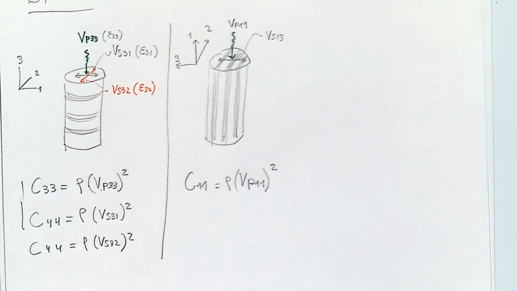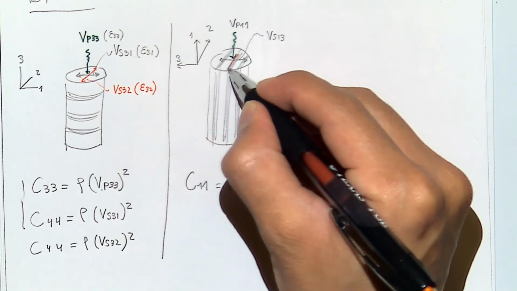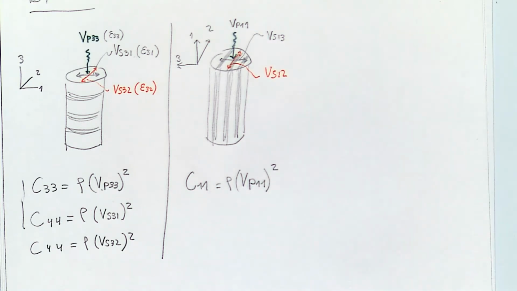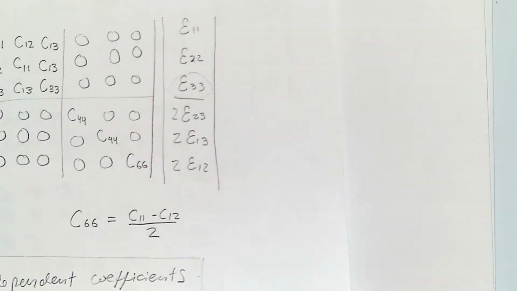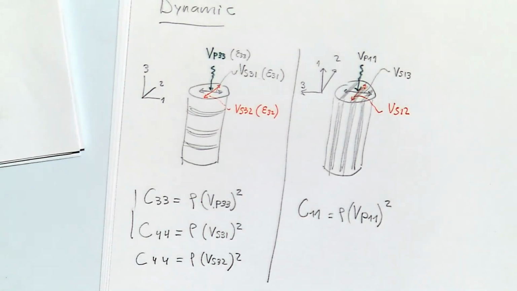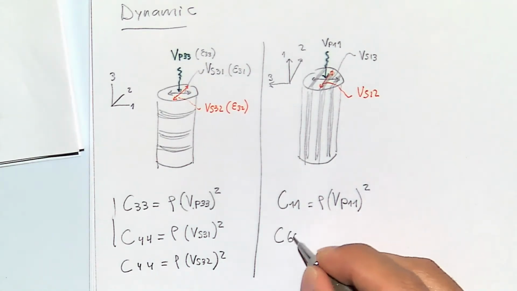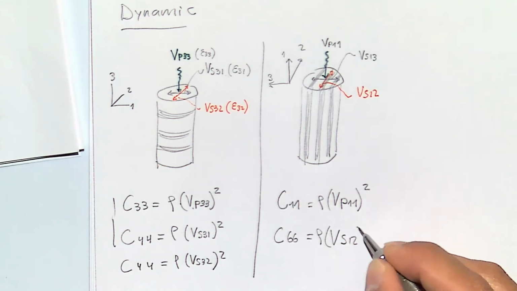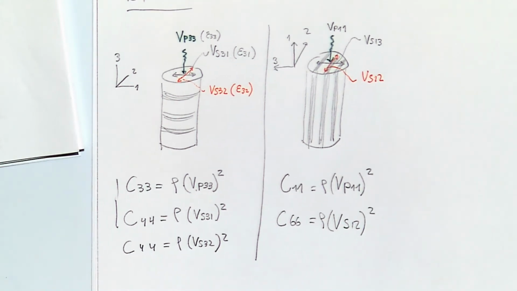But the one which is very interesting, which we didn't have yet, is this one, which is VS12. And VS12 is going to give us C66. C66 is going to be density times VS12 squared. And now we have 4 parameters. We're still missing one.